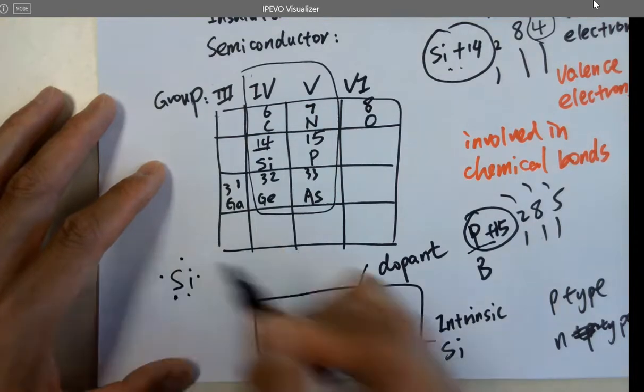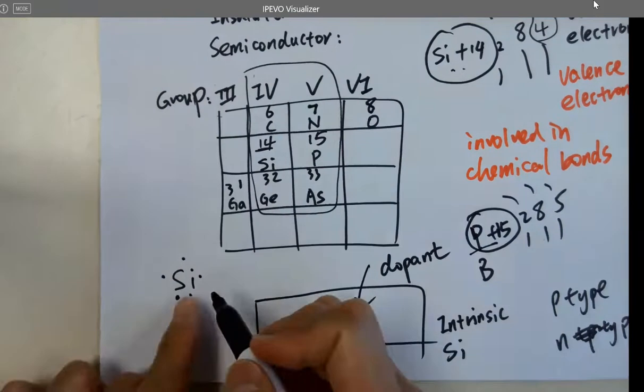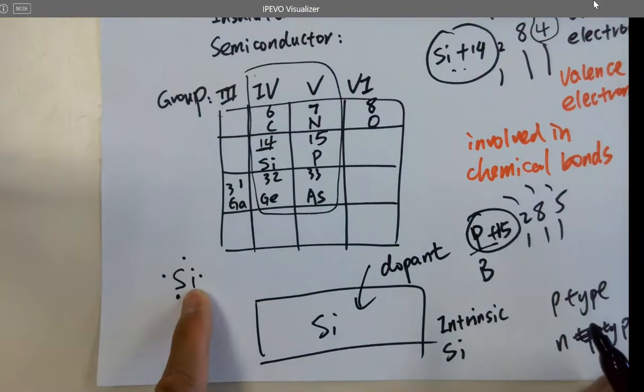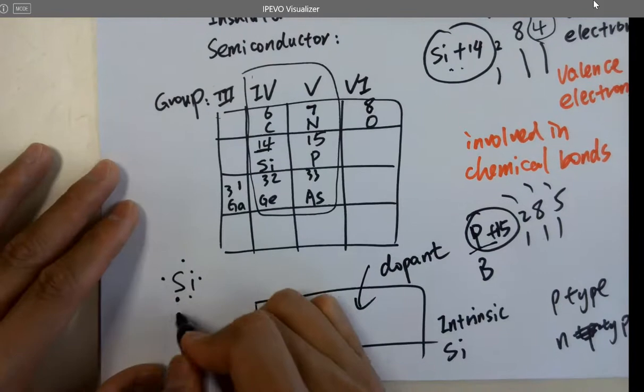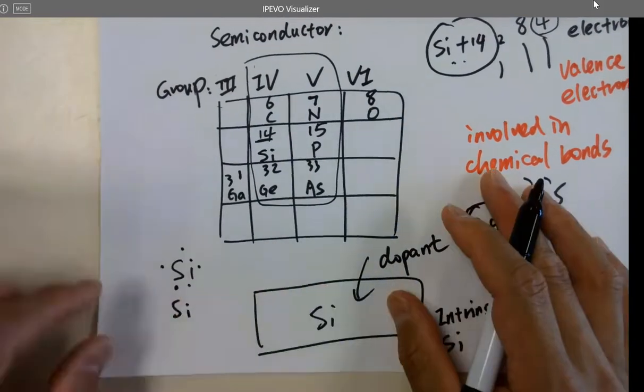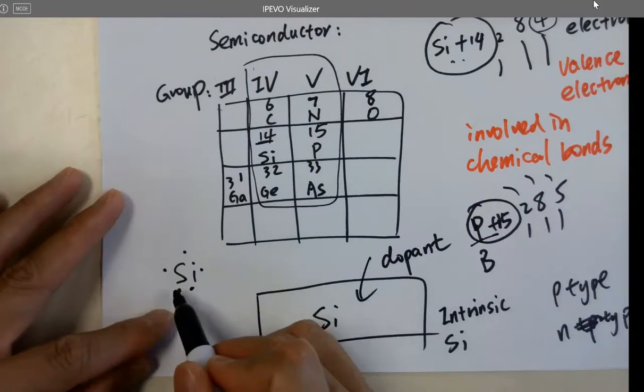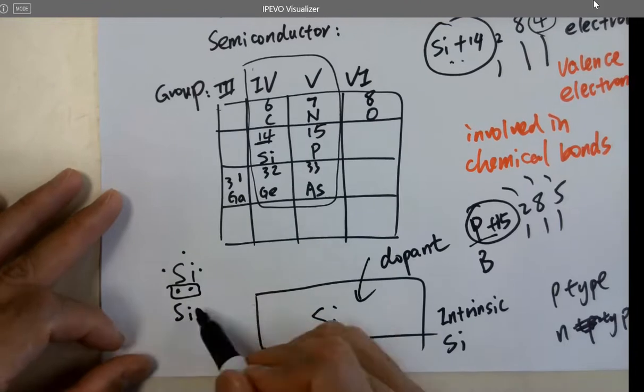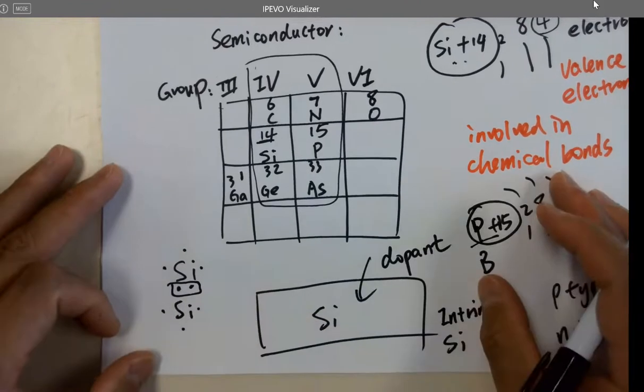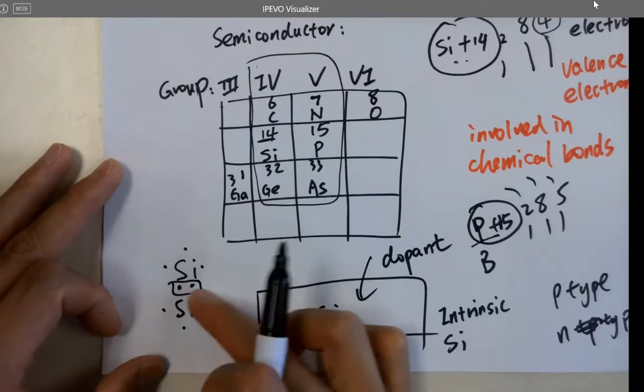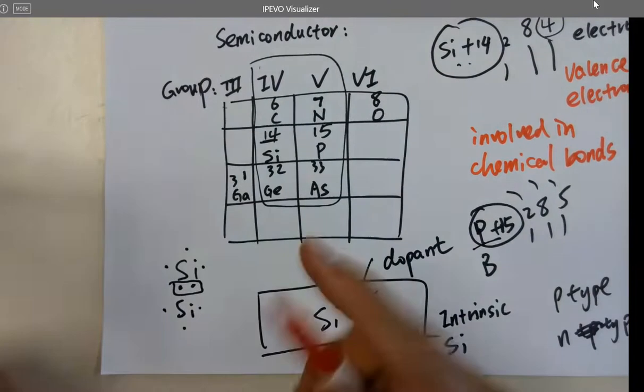It has 4, right? And another one over here is going to contribute 1 electron to form a what? What is that called? Yeah, covalent bond.